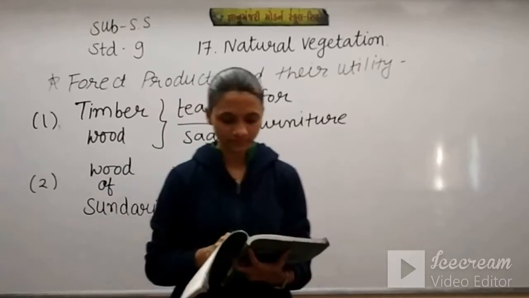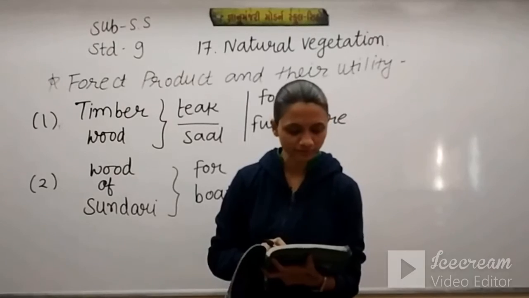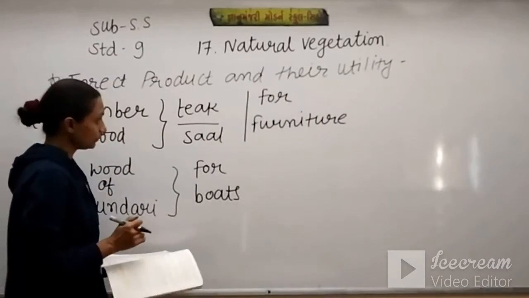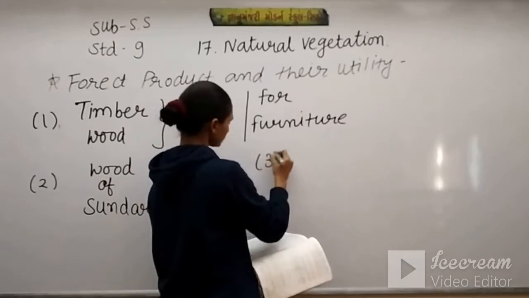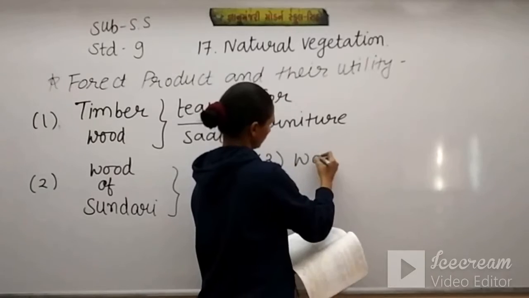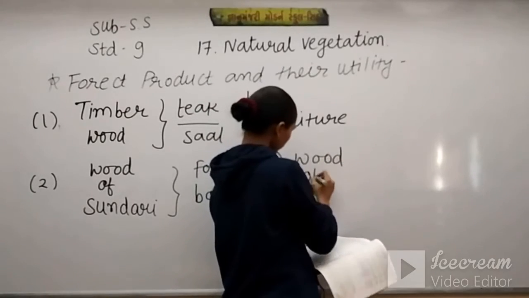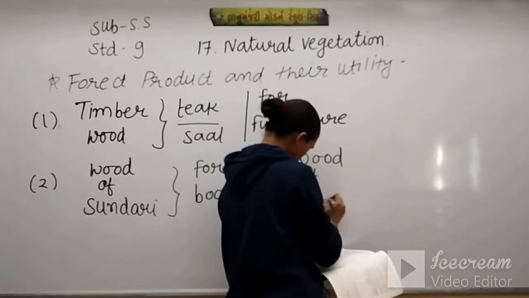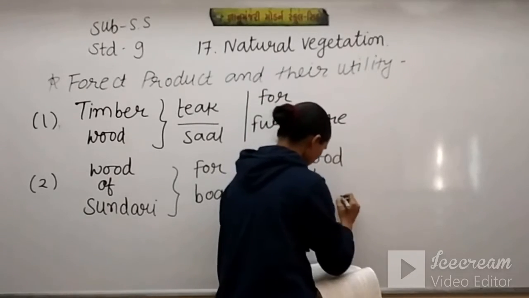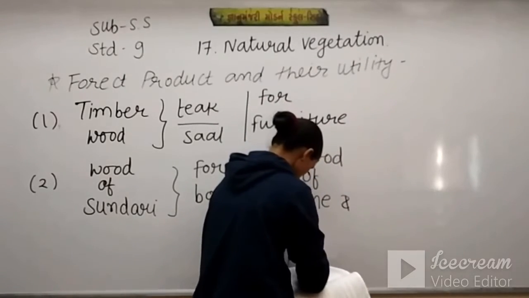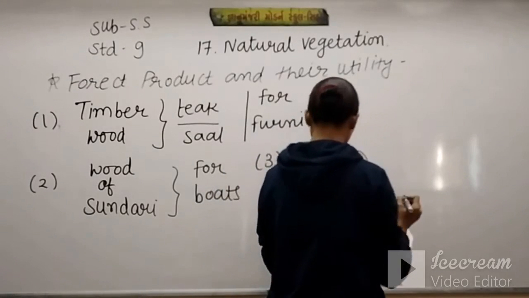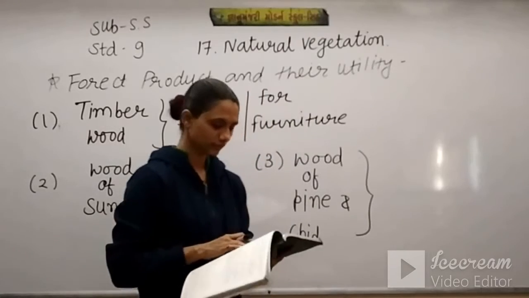Sports goods and packing boxes are prepared from the wood of pine and chir trees. Number 3, we have wood of pine and chir. What is the use of this?